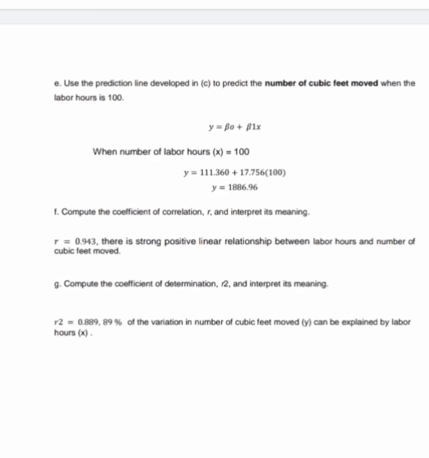For question G, compute the coefficient of determination R2, which is from table 2, and interpret its meaning. From the data, R2 is equal to 0.889, which means 89% of the variation in number of cubic feet moved, Y, can be explained by labor hour X.